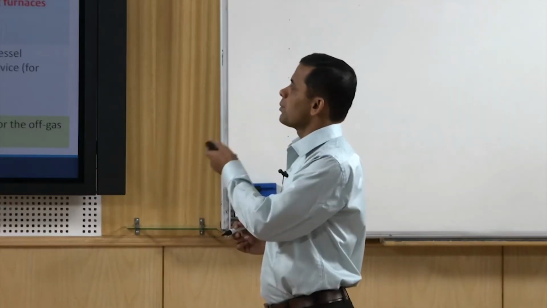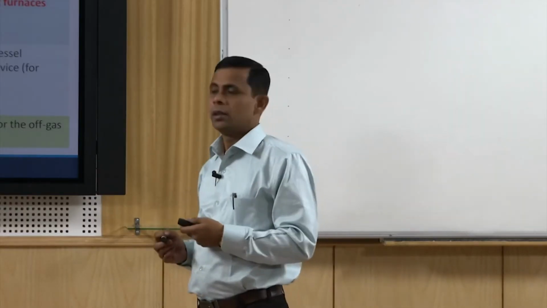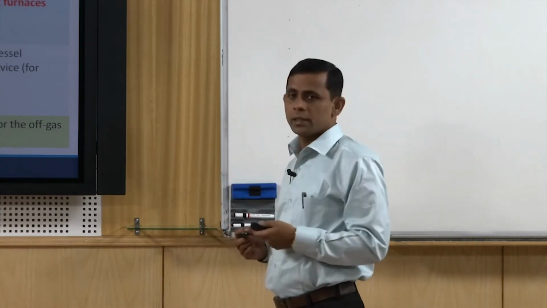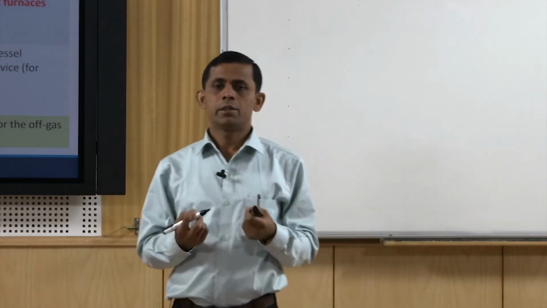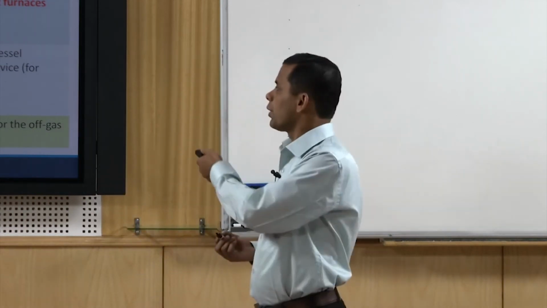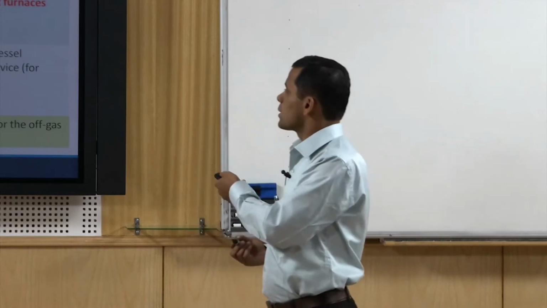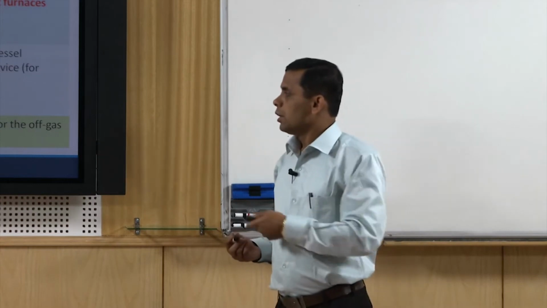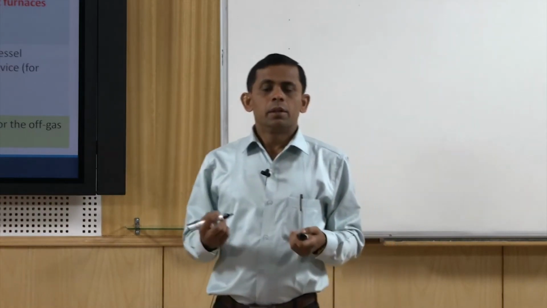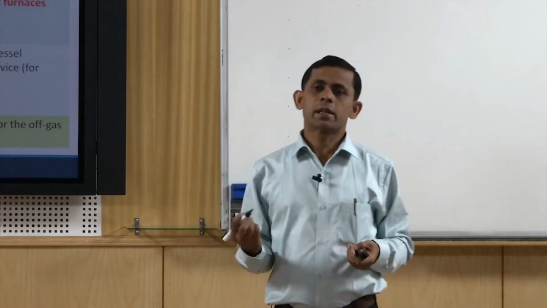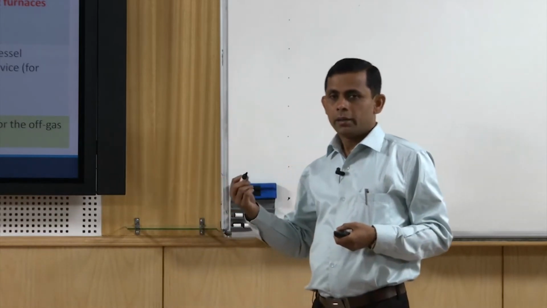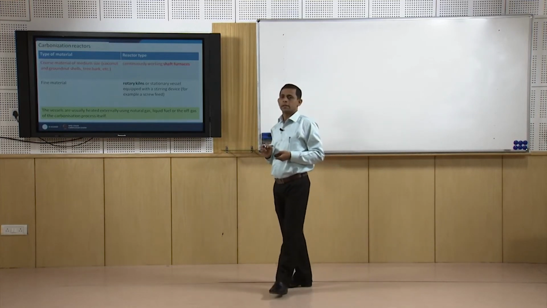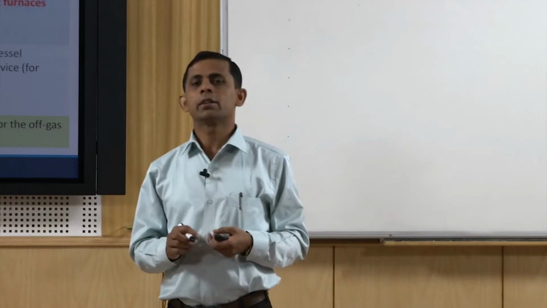If the material is coarse material of medium size, then we go for shaft furnace, continuously working shaft furnaces, and if the material is fine, then we will go for rotary kilns or stationary vessel equipped with a stirring device, for example screw feed. So, these vessels are heated externally either by the combustion of any fuels or the off gases which is generated during the carbonization process, that can also be used.